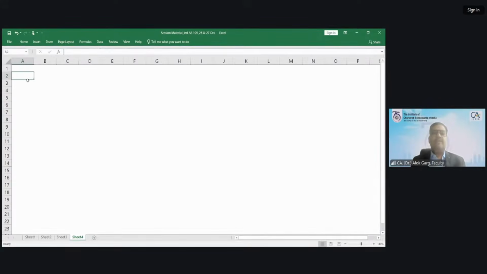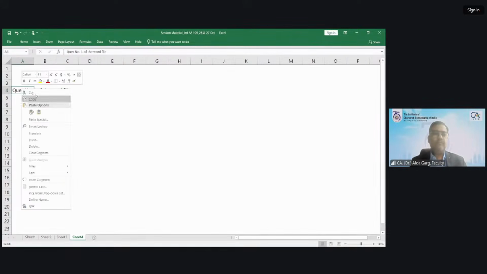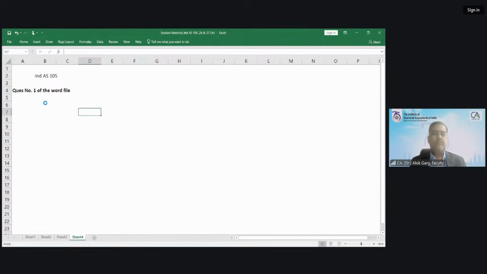So, Ind AS 105. Question number 1 of the Word file. Let me copy this table of assets and liabilities.